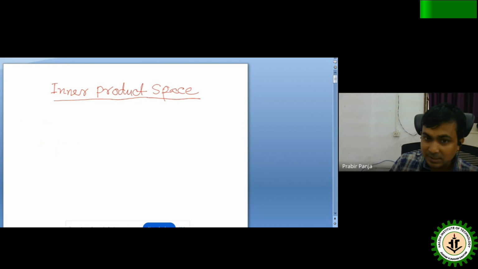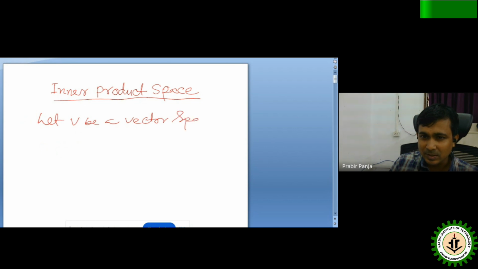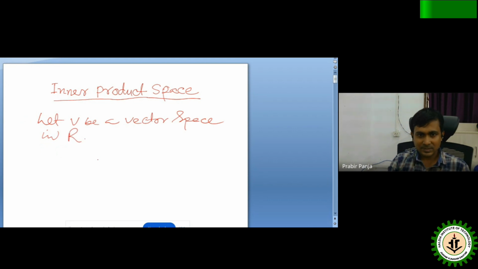Inner product space. Let V be a vector space, any vector space, in R, real vector space.